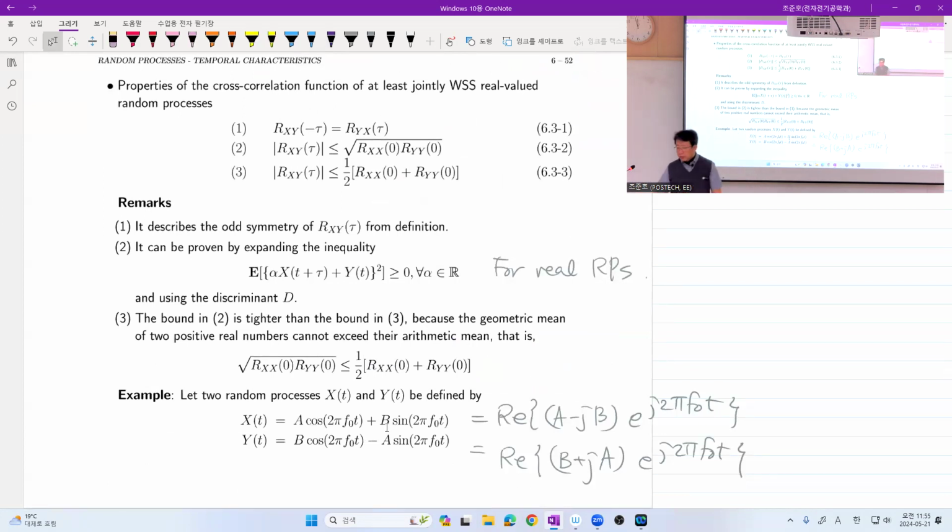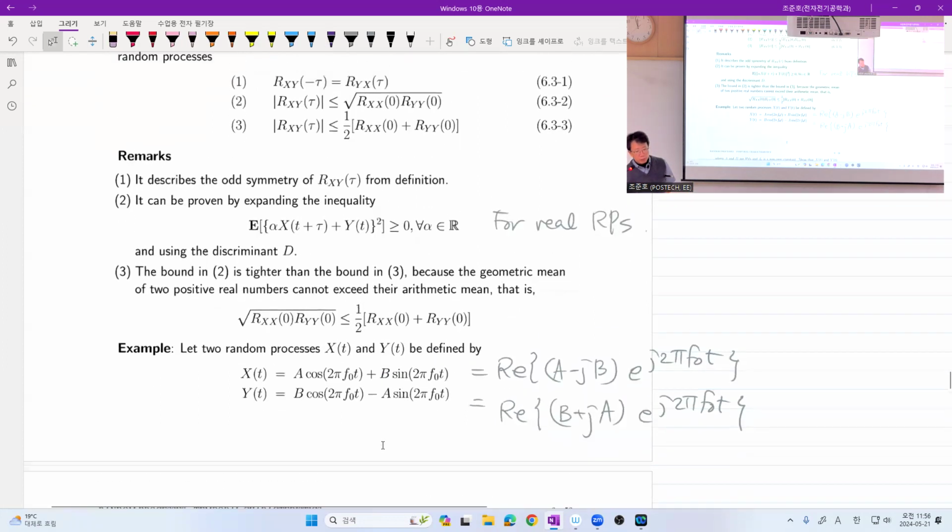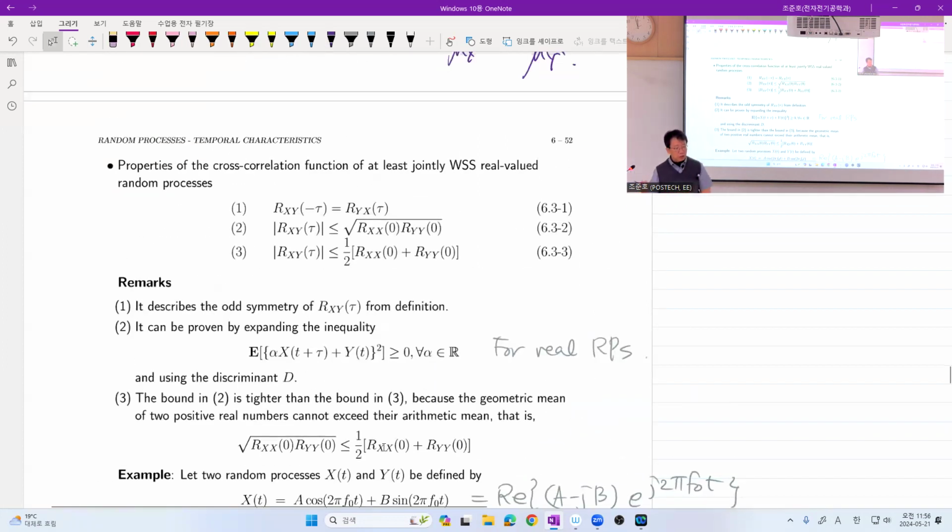Some properties are just a simple extension of the properties of the autocorrelation function. The question is why? Because you can just choose y as x. Then all the properties related to cross-correlation functions must be the generalized cases of autocorrelation functions, right?